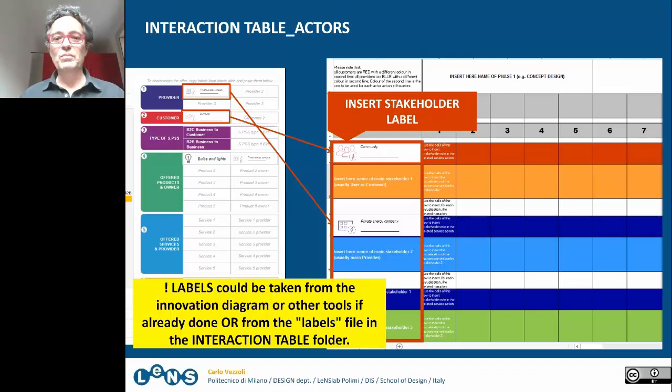They are the same, so you may drag and drop either from the innovation diagram or from the PowerPoint file that is provided as a repository of labels together with the Excel file of the interaction table.